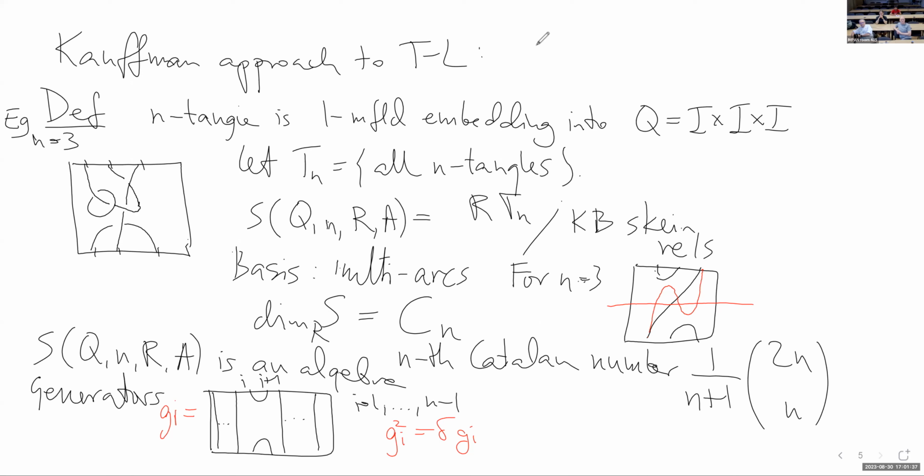Yes, because if you compose it, if you draw one on top, then it's really G_i with this extra loop, which is delta. And then there are what other relations? Well, G_i G_j is really the same as G_j G_i for |i − j| at least 2.